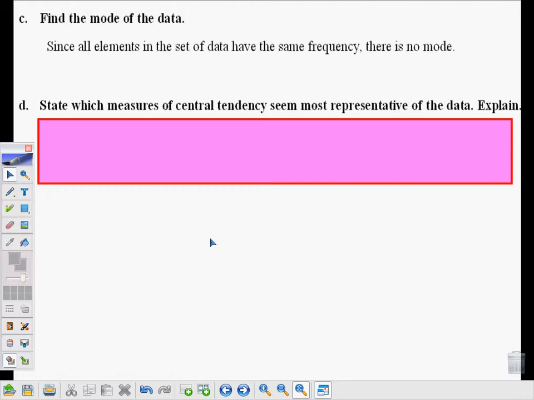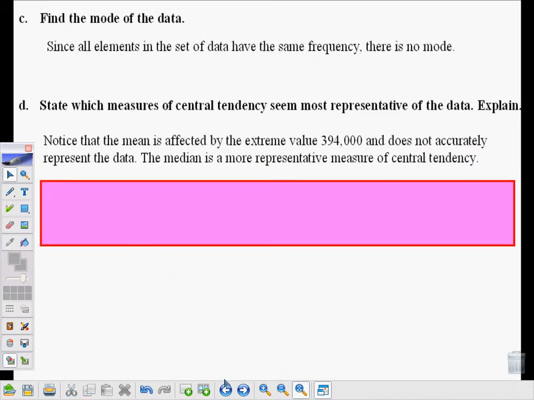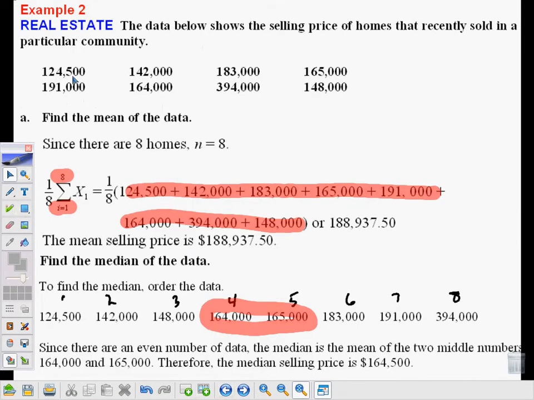And so oftentimes we want to say, well, which of these measures of central tendency gives us the best explanation of what's going on? Well, the mean is really affected by this huge value of 394,000. Now looking at the rest, everything else is in the 100,000s.